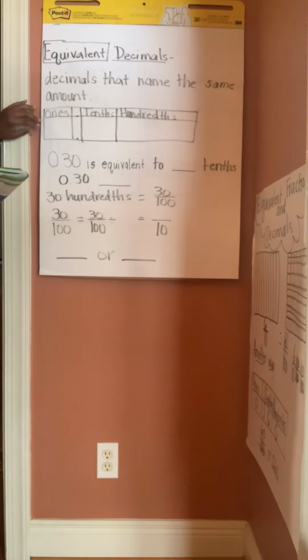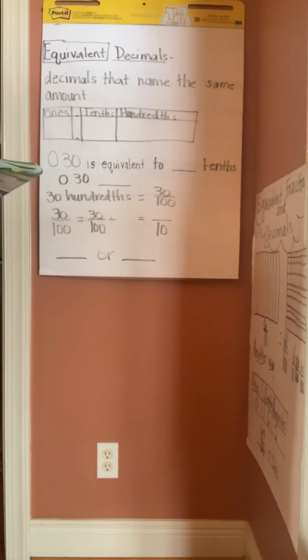Okay? In your book or on your paper, it says one way, write 30 hundredths as an equivalent decimal. We're going to show 30 hundredths in the place value chart. Again, this is a place value chart that I have drawn here. You're going to need to draw out some that only have ones, tenths, and hundredths in order to fill your decimals in, and it'll help you understand this lesson much better.